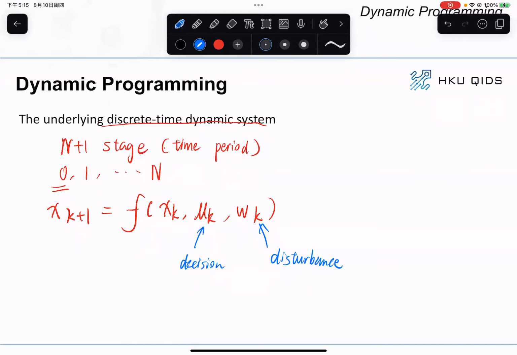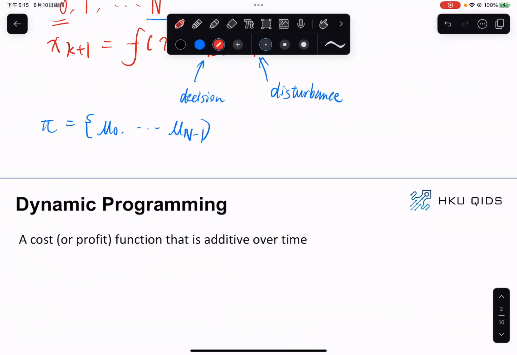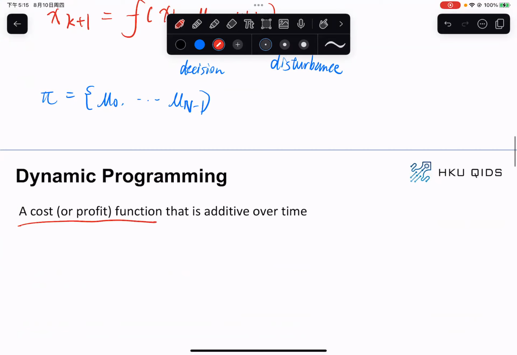A set of all the decisions is going to be our policy, which we usually call pi. It is going to be the set mu_0 all the way to mu_{n-1}, because at the last stage we do not need to change anything. The goal for a system like that is basically to minimize a cost function or to maximize a profit function.